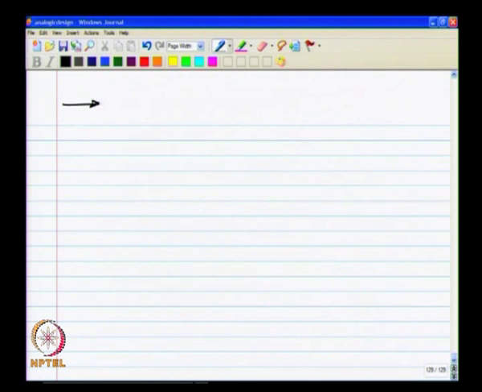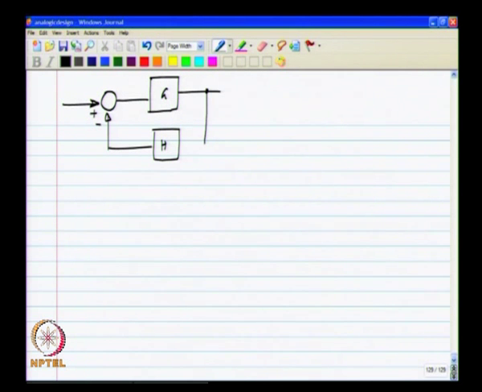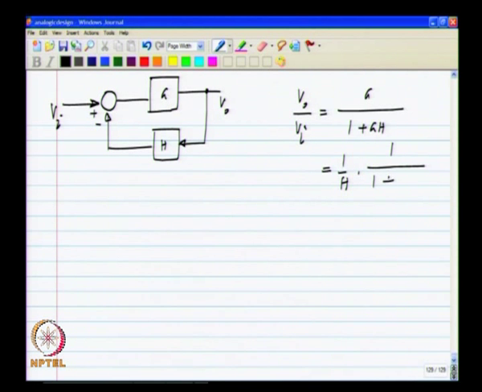So, if we have a feedback system like this, V naught by V I is of the form g by 1 plus g h, alternatively 1 by h 1 plus 1 by g h.